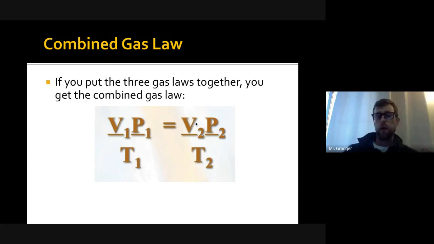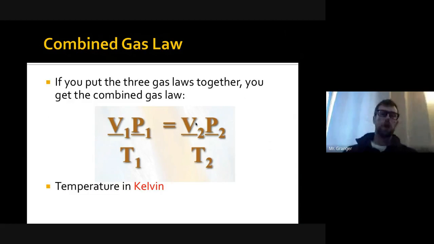Like we looked at on the previous image, those two flasks had gas at a cold temperature in an ice bath and gas in a flask at a hot temperature with boiling water. So we can compare those two conditions with this particular equation, the combined gas law.